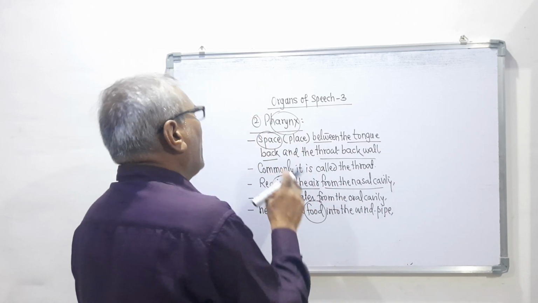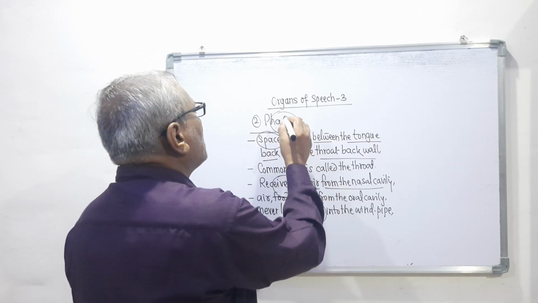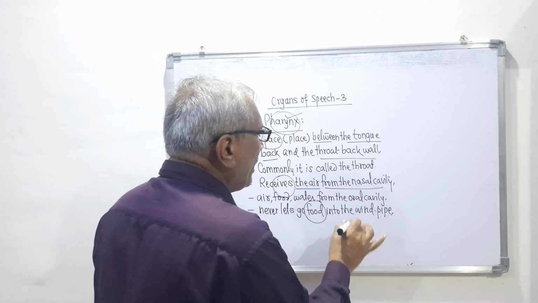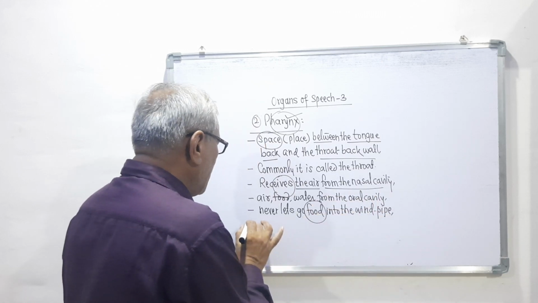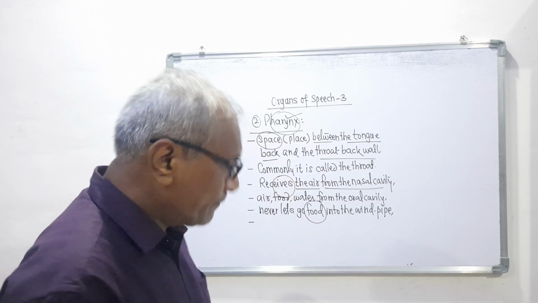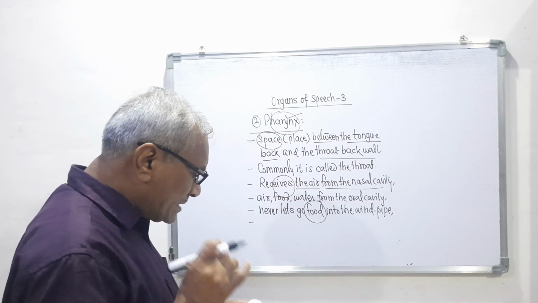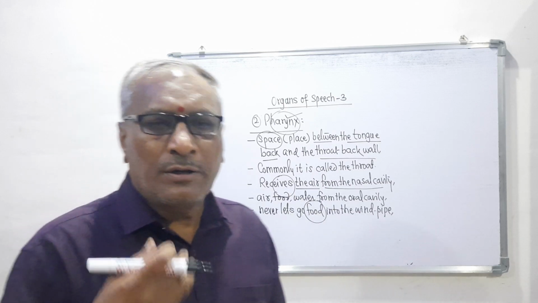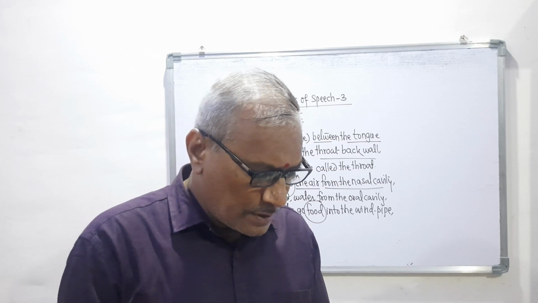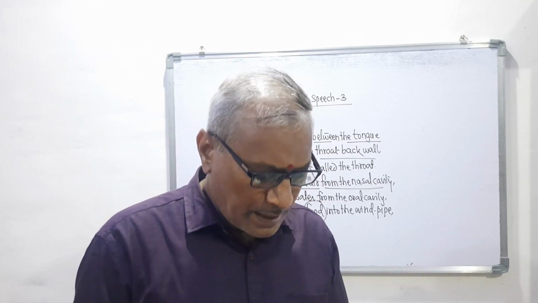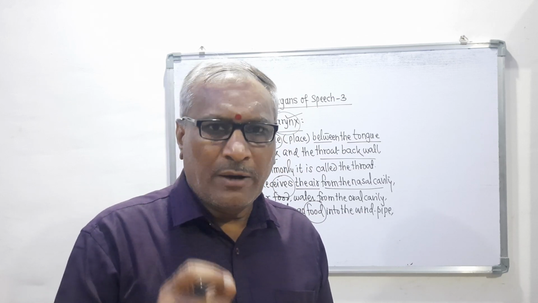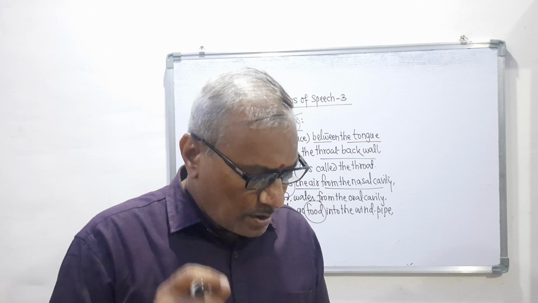My point is that this pharynx stops the food from going into the windpipe. That is the next function of this pharynx. And thus the pharynx helps us to produce our speech sounds. Remember, in this third video we have just discussed the pharynx.